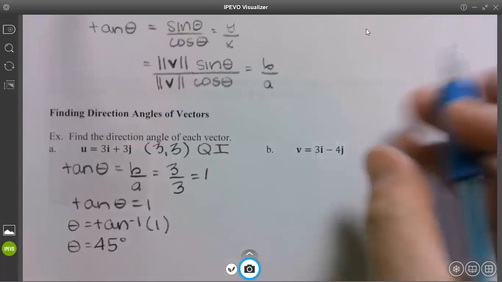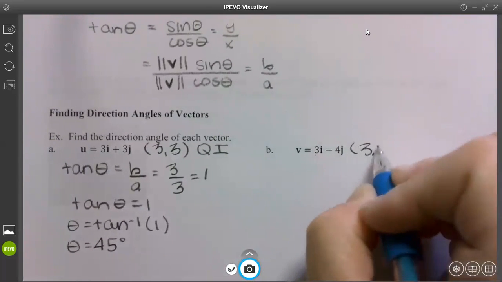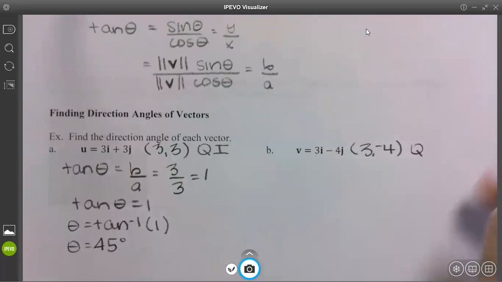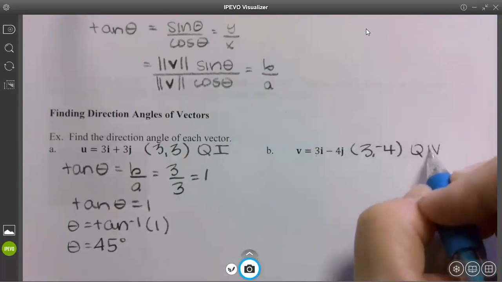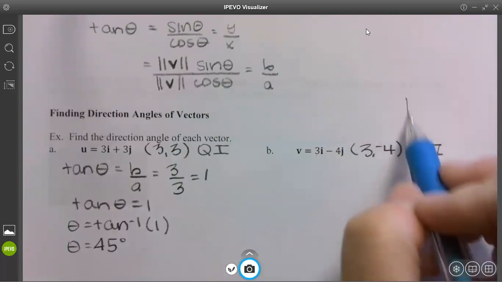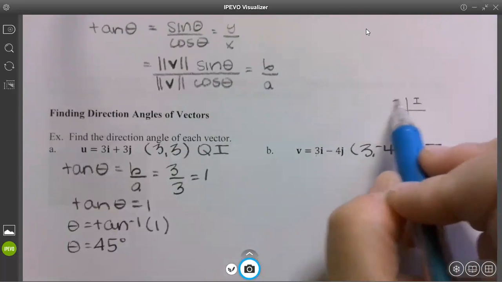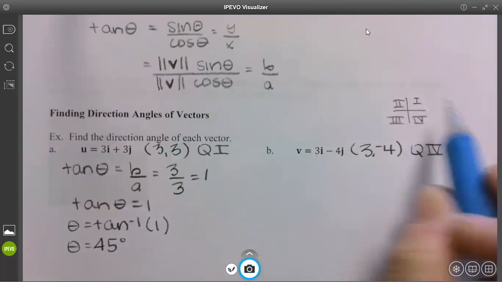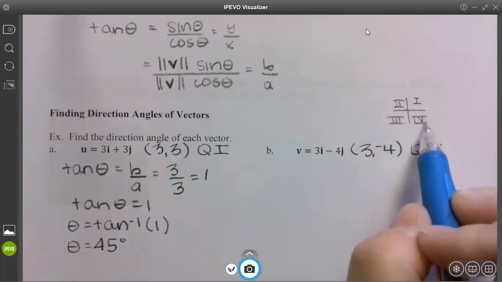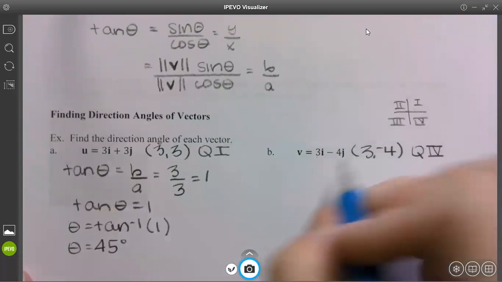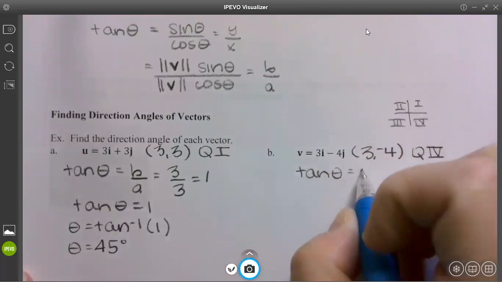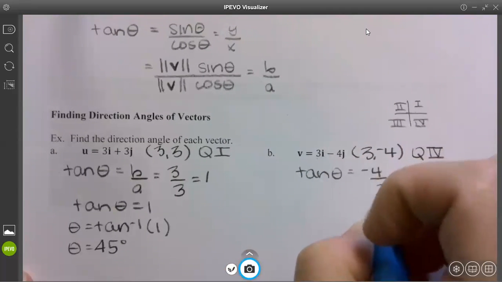We're going to do the same thing on the next one. Your coordinate is going to be 3, -4. But 3, -4 is in quadrant 4. Okay, so again, if I do my quadrants out, just in case you keep forgetting, we would go over 3 and down 4, which will be in quadrant 4. We're going to do that tan theta is y over x.